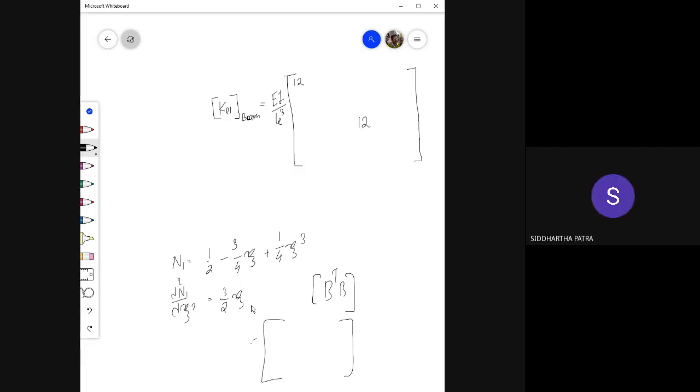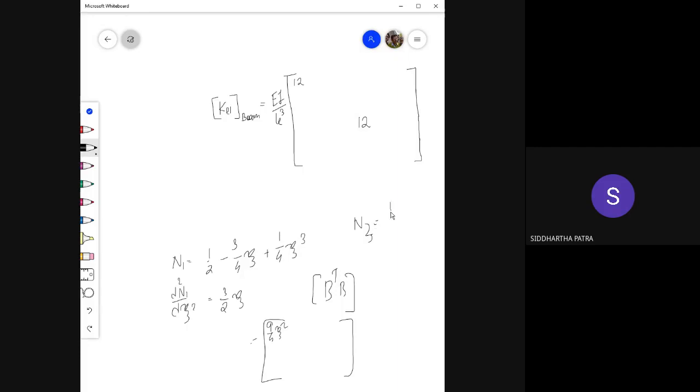So let's say this is N1, the first term should be 9/4 zeta xi squared, and you'll have to integrate that between -1 and 1. For example, if this is N2, or for that matter, let's start with N3.